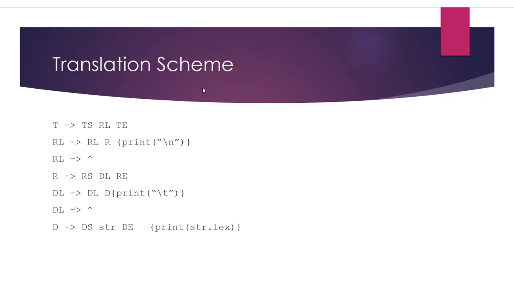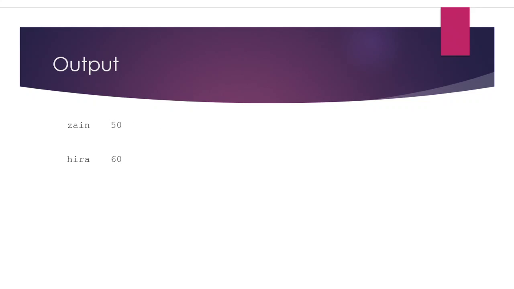Now this is the translation scheme. To understand the translation scheme, I'll go back to the output. Whenever we hit the data, we'll just print it, and after printing the data, we'll print a tab, four spaces, and then we'll enter.